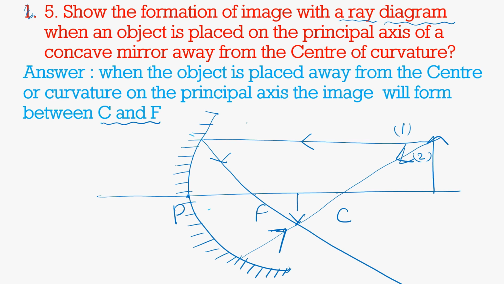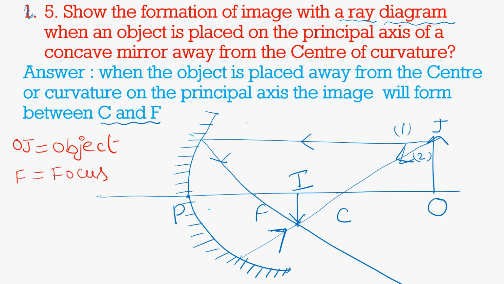So the image is formed in between F and C. This is the object O and this is the image I. OJ is the object, F is the focus, P is the pole, and this is I, this is G. IG is the image.